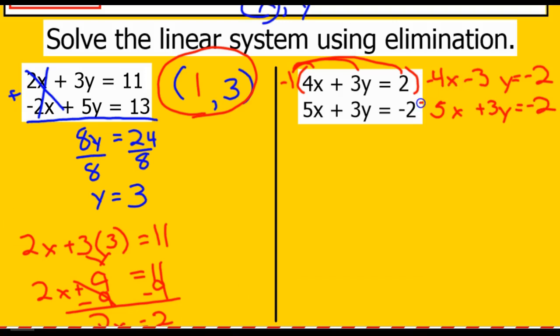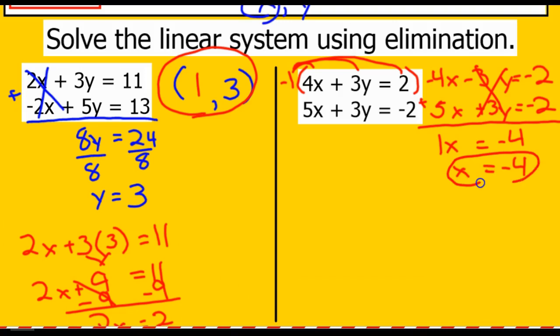Now, if we add these two together, it seems that I can get rid of my y's. So negative 3y plus 3y gives us 0, so we can cancel those out. Negative 4x plus 5x gives us 1x. And negative 2 plus negative 2 gives us negative 4. So we know now that x equals negative 4 because we don't need that 1 there in front of it.